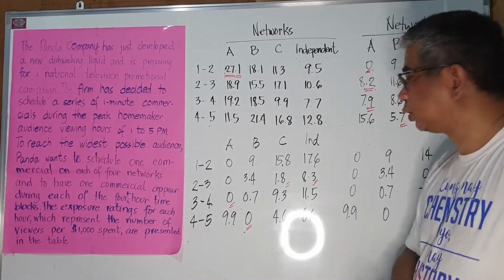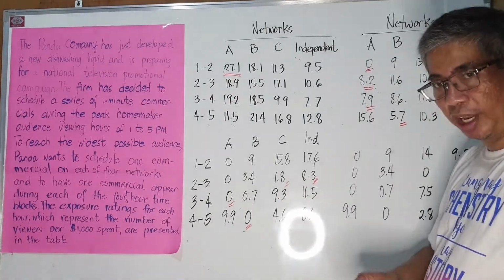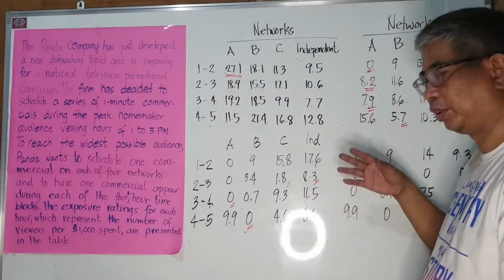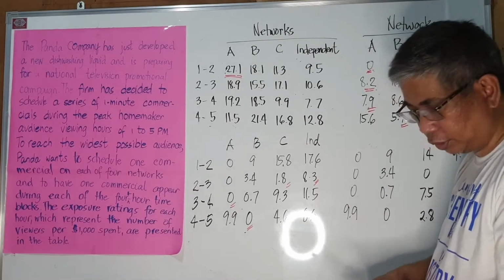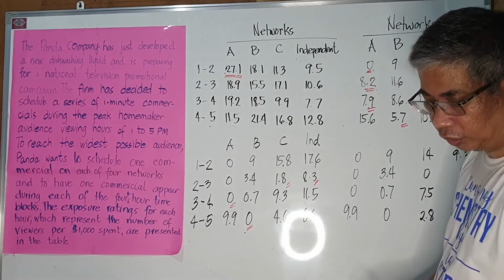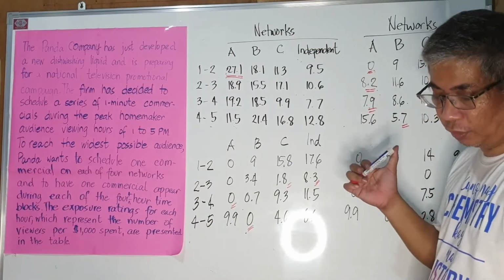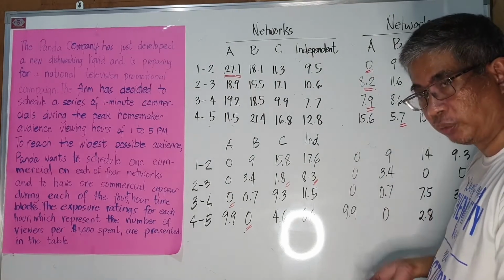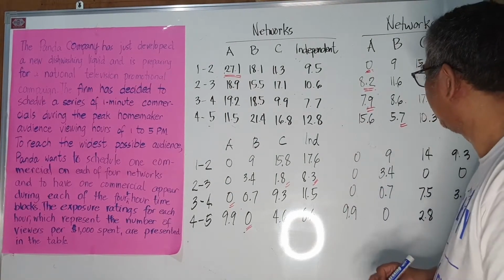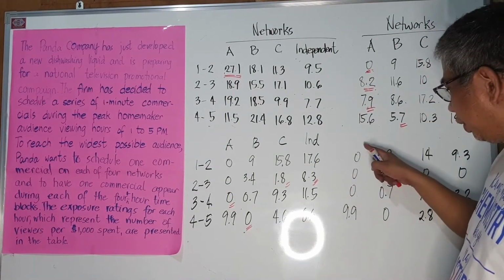Okay? So, we now check whether we have an optimal solution. How do we do that? So, to test for optimality, we cross out all the zeros with the least number of lines. Okay? So, how many zeros do we have?